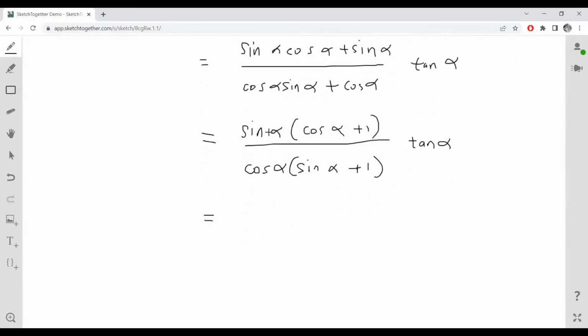So now we see that there's a sine alpha over cosine alpha. So that'll give us tangent alpha. And here we have another tangent alpha. So we have tangent squared alpha, multiplied by cosine alpha plus 1 over sine alpha plus 1.